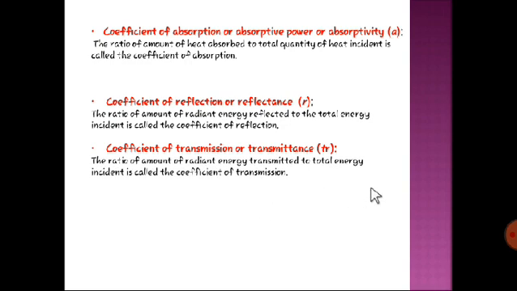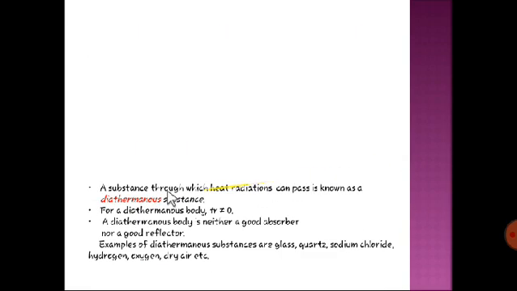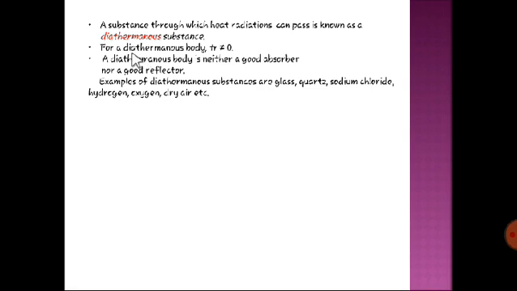Alright, so let's move towards another slide which will give you the explanation about if A becomes 0, what happens to the substance, if R becomes 0 and if T becomes 0, what that substance is exactly called. So let's see. First, a substance through which heat radiation can pass.